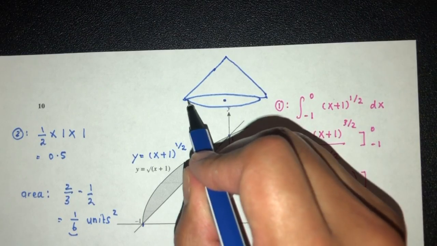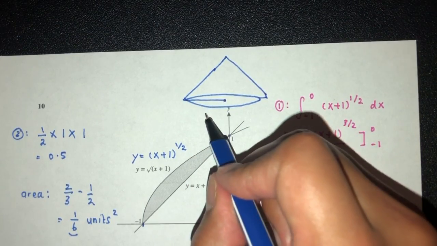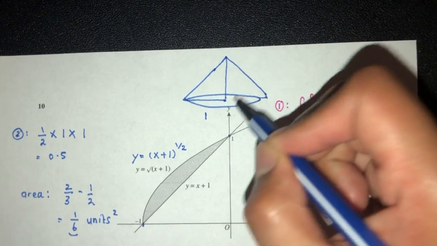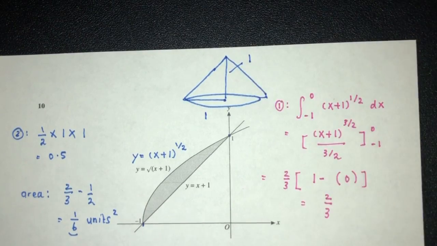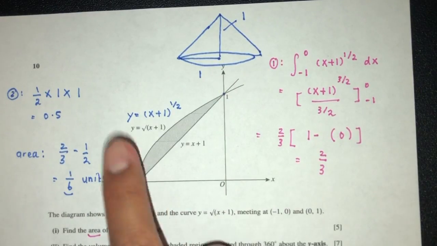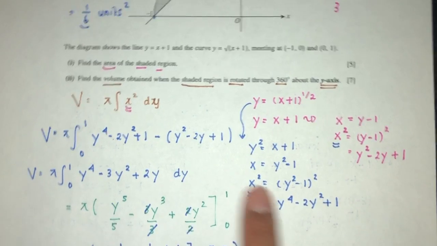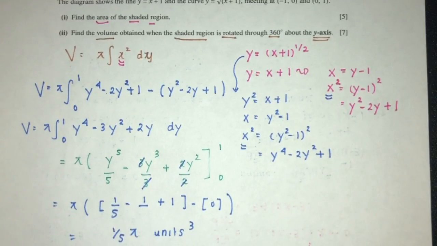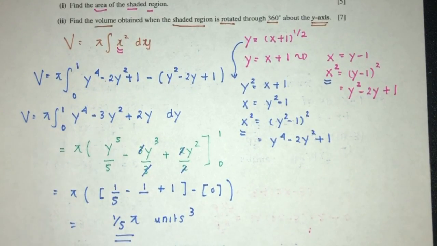The radius will be the value of 1, and the height will be the value of 1 as well. So there are two ways of doing that. One is by doing the whole thing first minus the cone, or you can combine them together. You can proceed step by step using the limits. You will find this as your answer for the volume obtained when we have rotation about the y-axis.